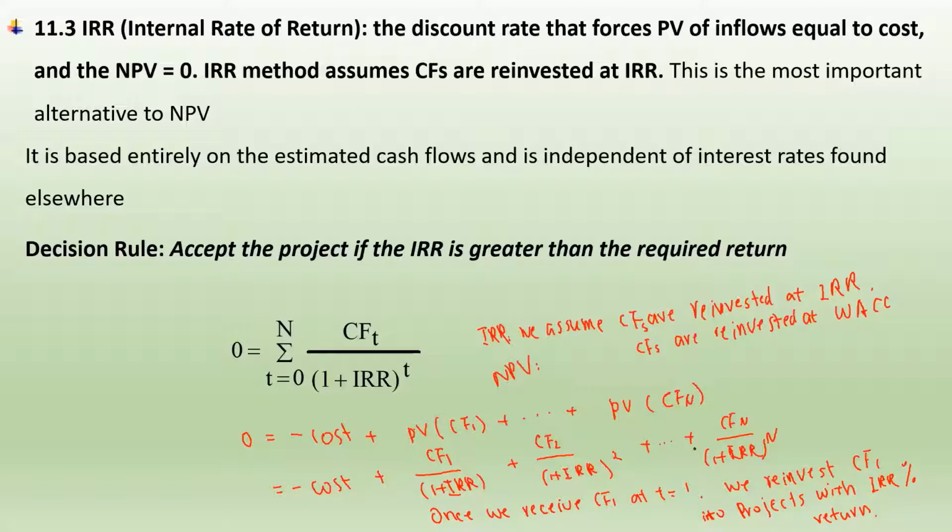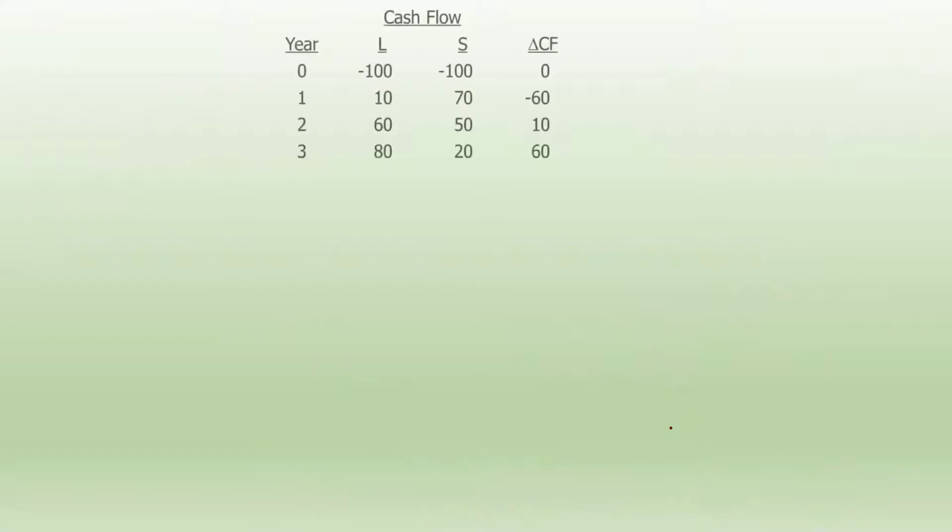This formula basically means once we receive each of those cash flows, they will be reinvested in projects with a return of IRR. For NPV, we assume once we receive those cash flows, we reinvest in a project with a return of weighted average cost of capital. That is the reinvestment assumption.